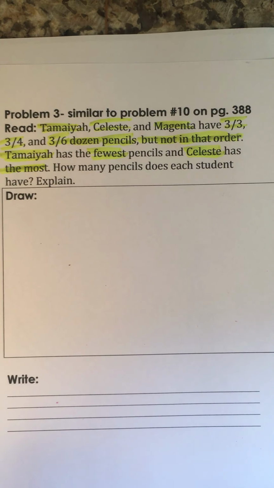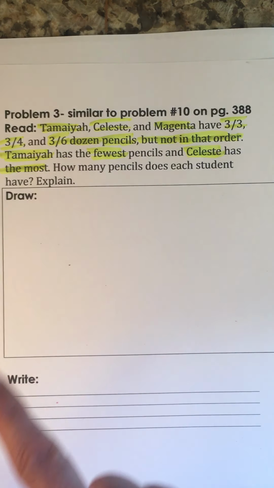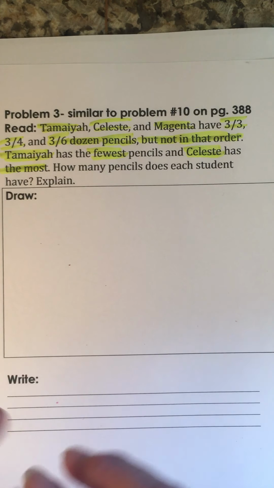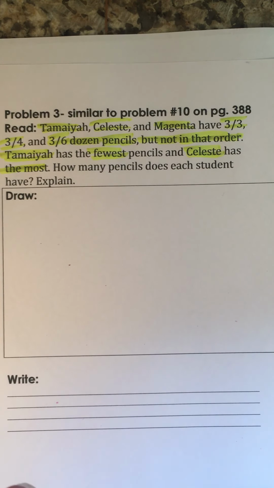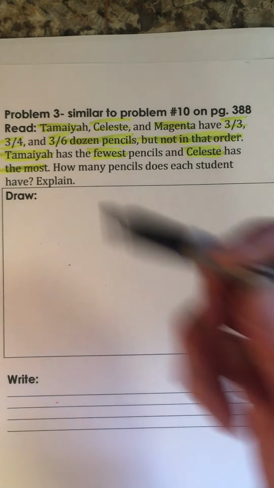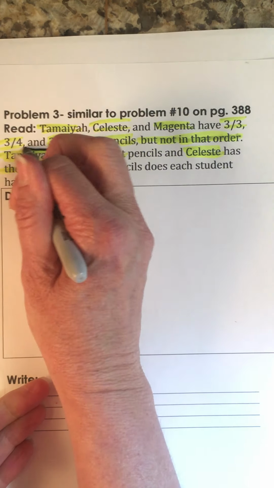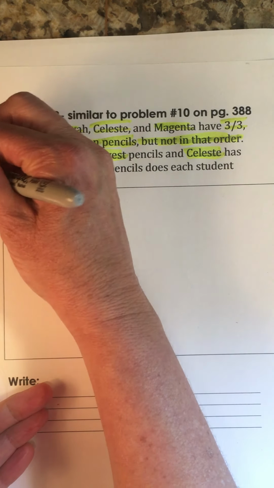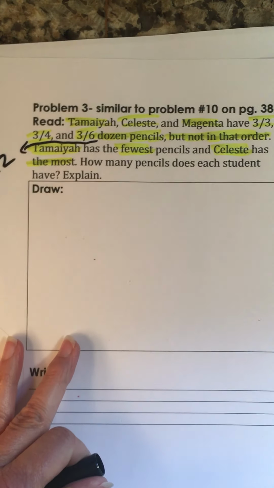Okay, let me rethink what this is saying to me. There are 3 students, and this is not telling us the order. So one person has 3/3, one person has 3/4, and one person has 3/6, but we don't know who. Out of a dozen pencils, how much is a dozen? When you get eggs at the store, how many is a dozen? 12, right?